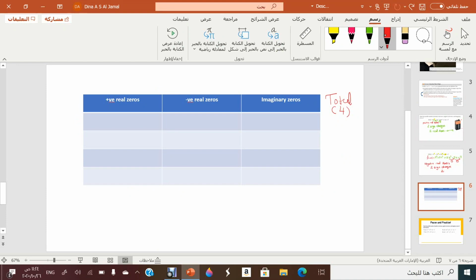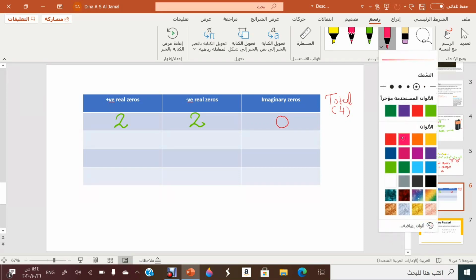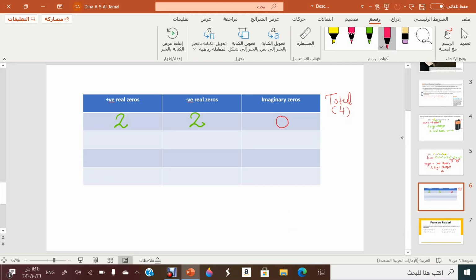First of all, you got two real positive and two real negative. So what is the number that, added to 2 plus 2, will give me 4? It is 0. To have 4, you should get 0 imaginary zeros.